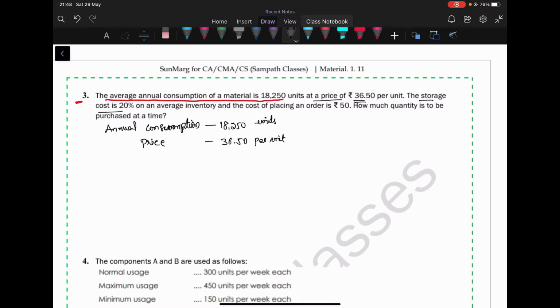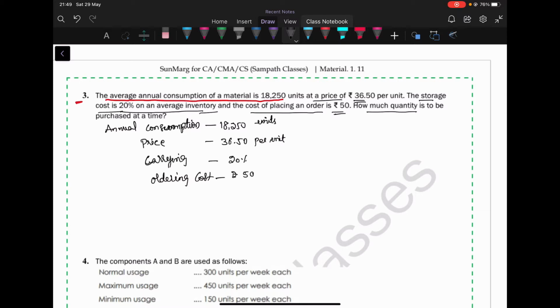The storage cost or carrying cost, both are the same. Storage cost is how much? 20% on the average inventory. You write only 20%, that's enough. And the cost of placing an order, or we can say ordering cost in simple language, is 50 rupees for placing an order.